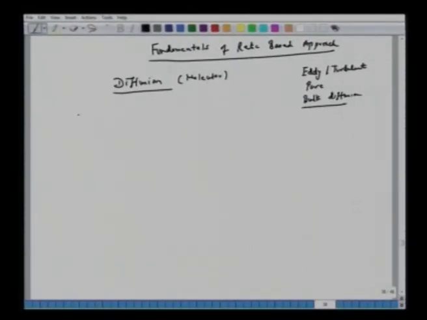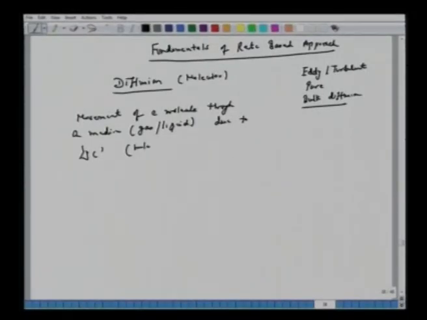So we are referring to movement or transport of a molecule through a medium which could be gas or could be liquid, alright, due to certain concentration gradient del C. So for example we are talking in terms of moles per cubic meter.